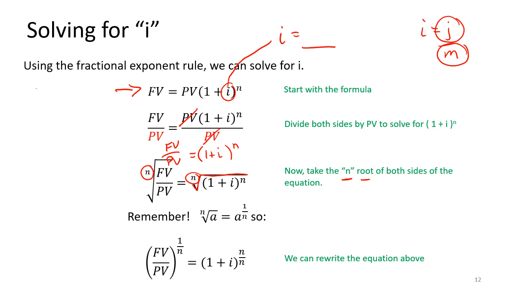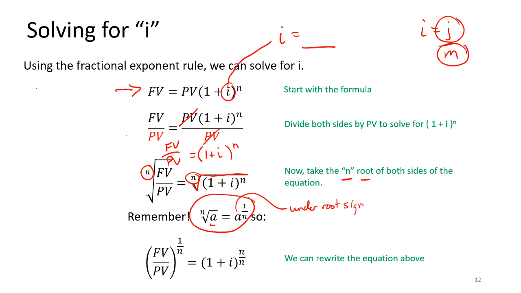Now remember, you're thinking, oh my God, where did this root sign come from? Why is it useful? Well, remember that formula from the last slide: the nth order root of something a is equal to the value that's under the root sign to the exponent of 1 divided by the order of the root, or n.